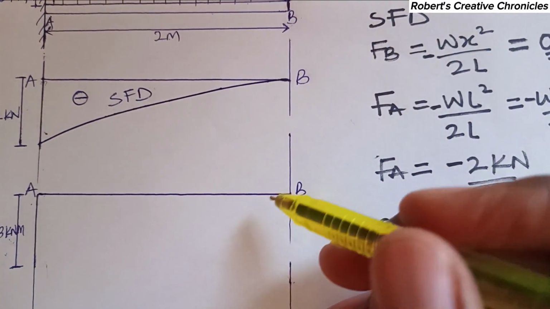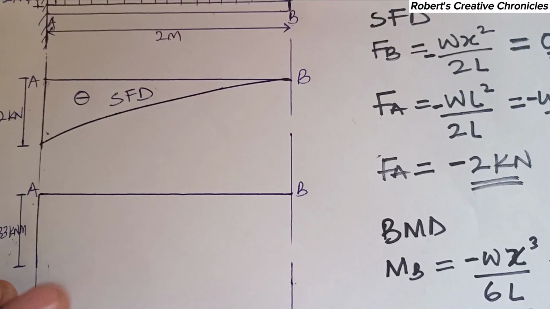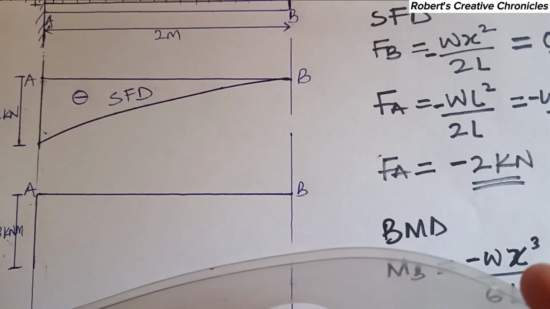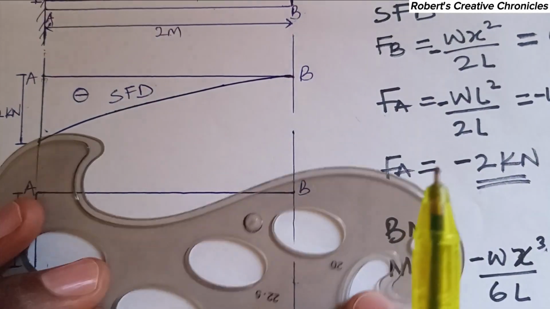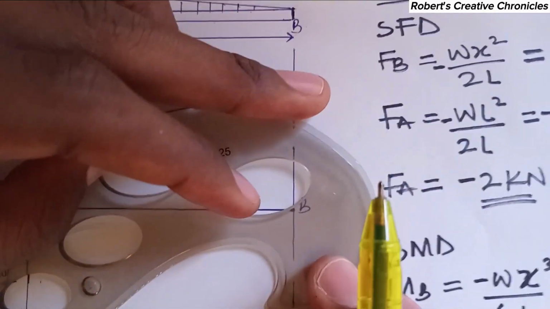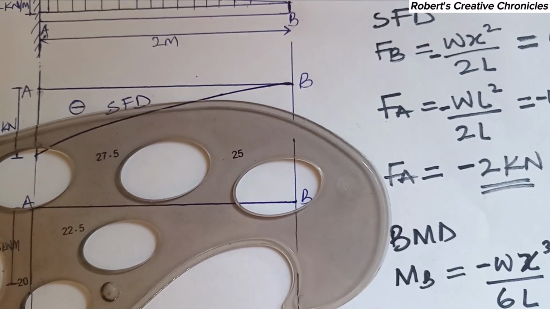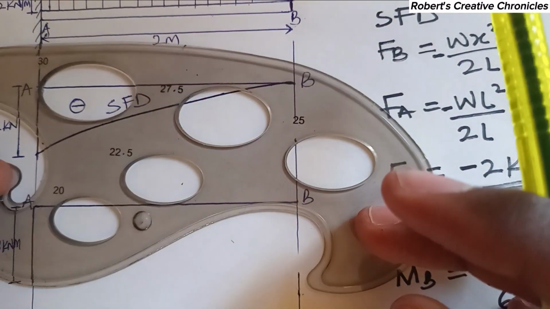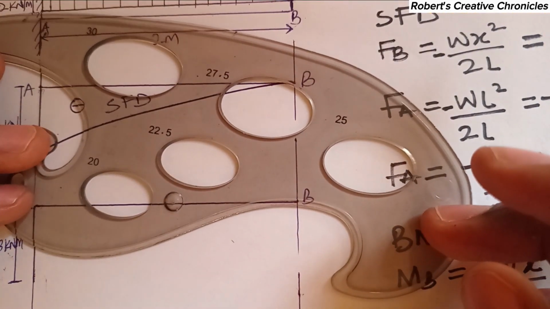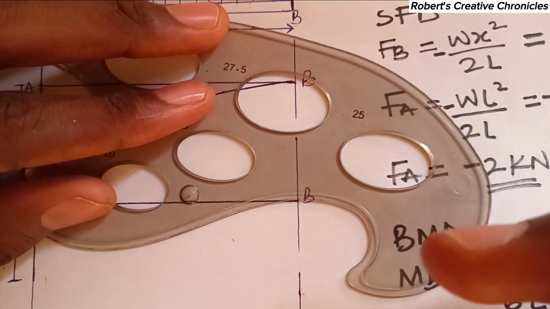So the same way, the curve you are going to use to represent bending moment is a cubic parabolic curve. So you look for a part that enters deeper, like this.